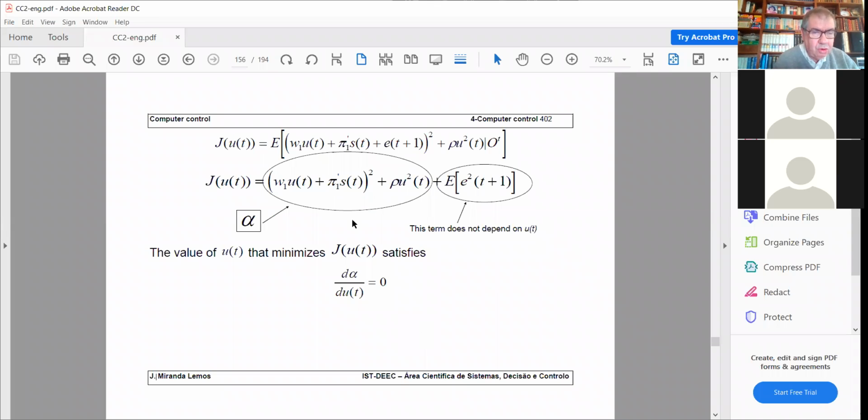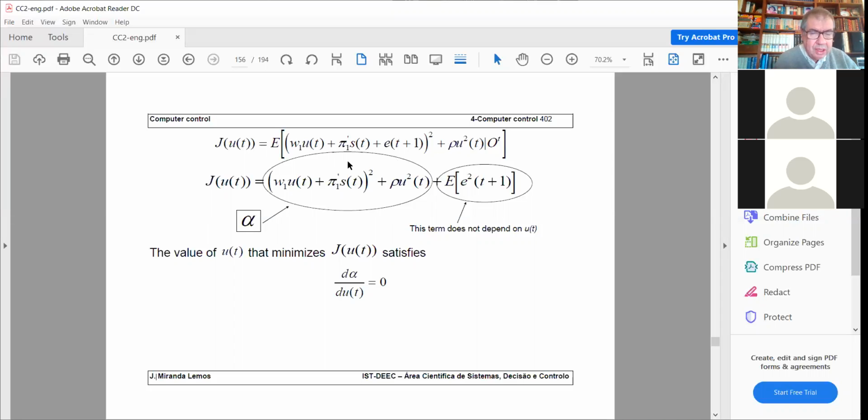So if you compute the expected value of this square, you have the expected value of the sum of these two, plus the expected value of this one, plus the cross term, which is 0, and plus this other term.